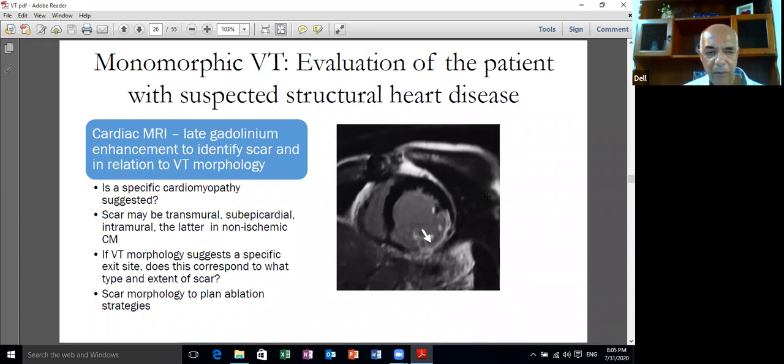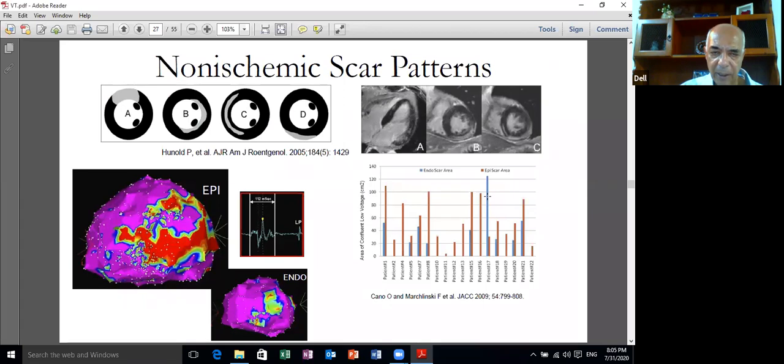The VT morphology suggests the specific site of origin in these conditions, which usually corresponds to the type of the scar, and the scar morphology is an essential component of the circuit, and it establishes the need for ablation in these circumstances.